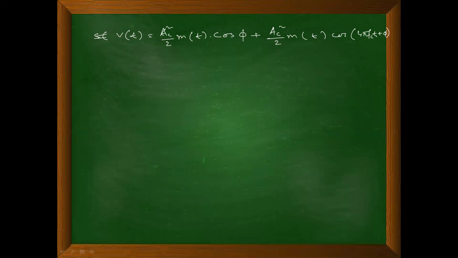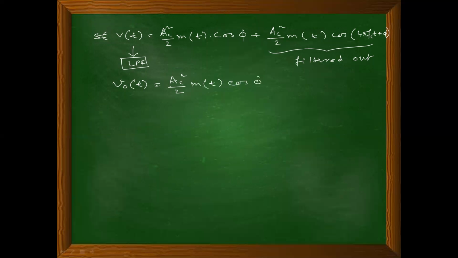Now this entire v(t) is passed through a low pass filter, where the high-frequency term is filtered out. After applying the low pass filter, I get v0(t) = (Ac²/2) m(t) cos φ.